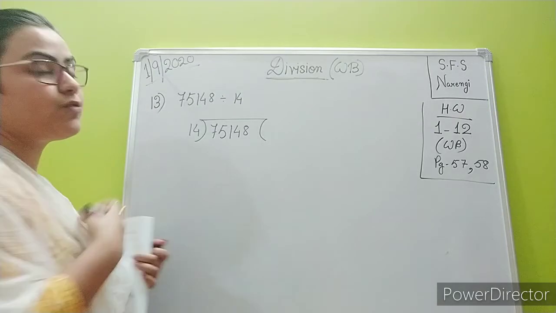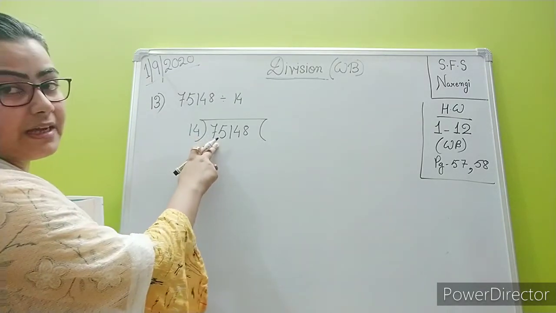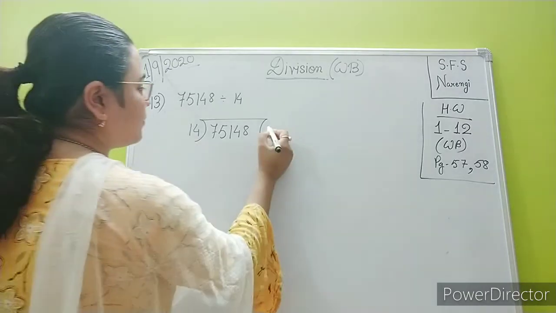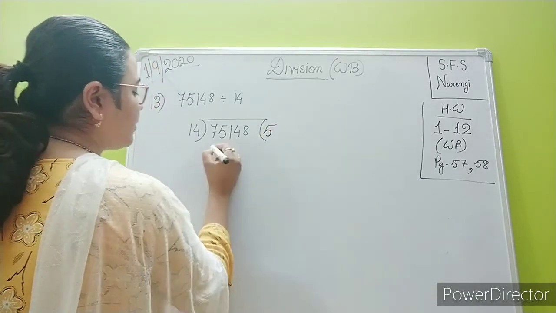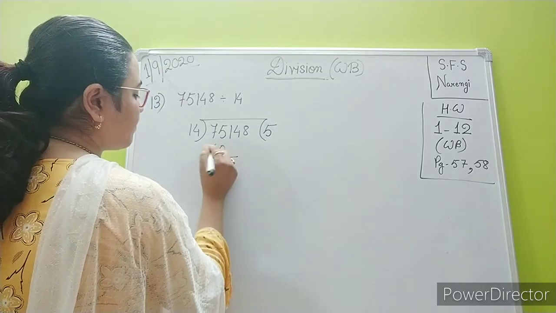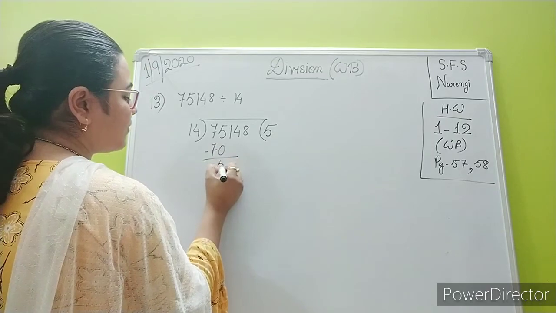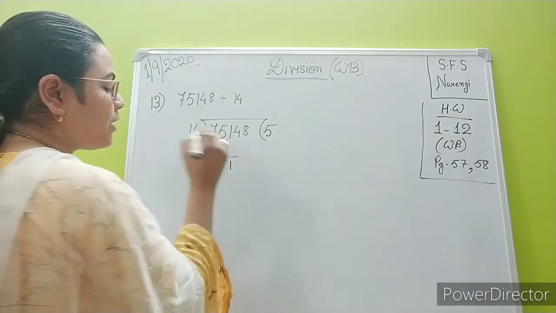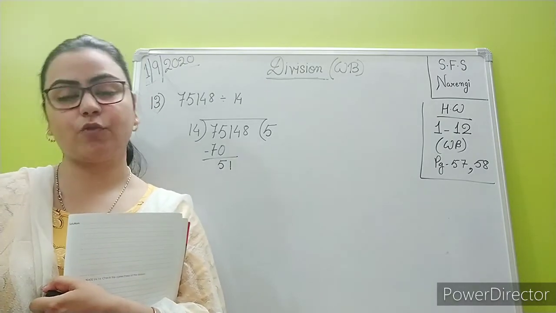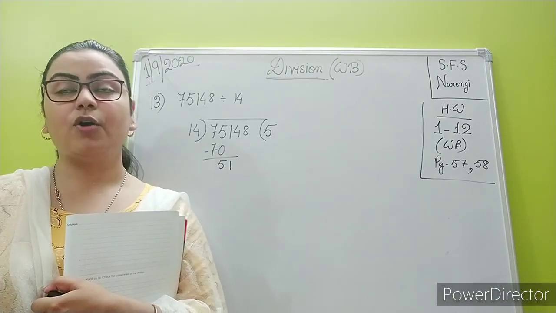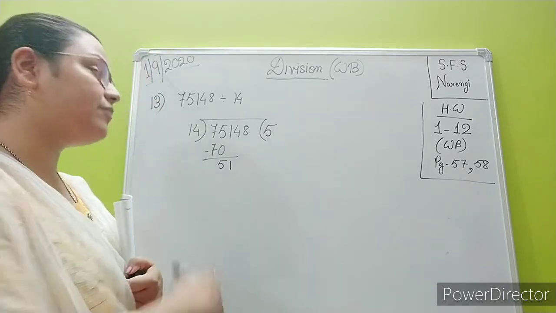Now let's start. First we have to take 75 because 7 cannot be divided by 14, so we need 75. So 14 fives is 70. Now when we subtract, we get 5. 1 comes down. Now what is near about 51 in 14's table? 14 fours is 56, which is greater than 51.